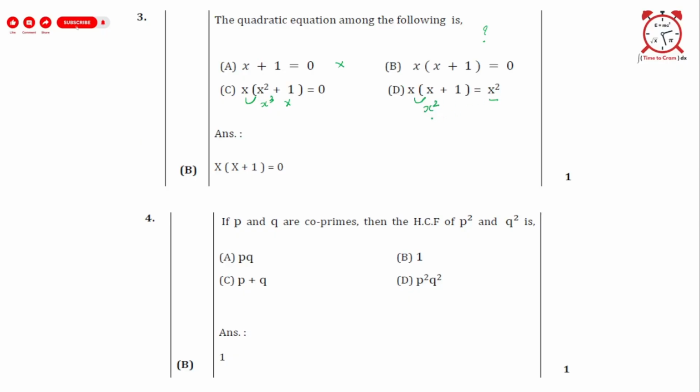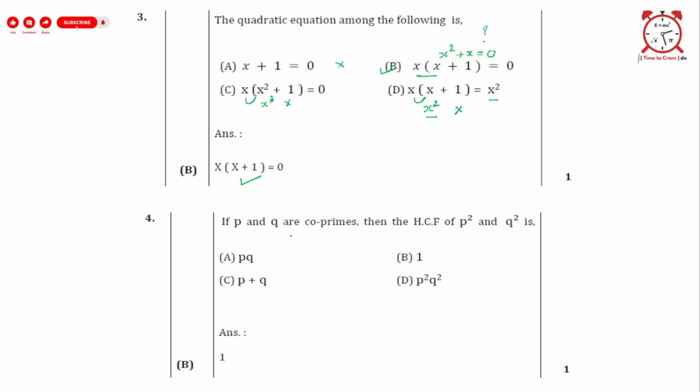But this x square and x square of LHS are going to be cut. So here the term of x square will not remain. So this is also not a quadratic equation. Here if you multiply, then x square plus x equal to 0. So this is the quadratic equation, B.